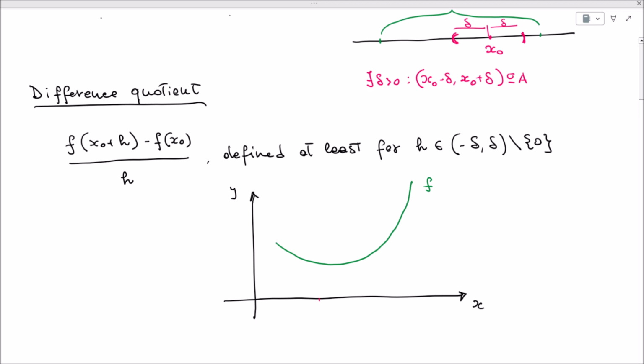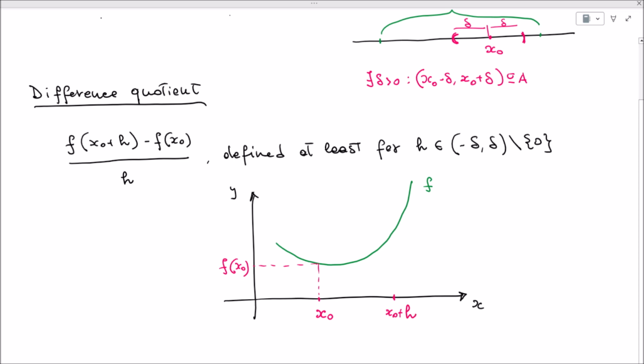Let's say that this is the point x naught that belongs to the interior of the subset A where the function is defined. So we see that this is f of x naught. Then we move along the x-axis to a new point x naught plus h.